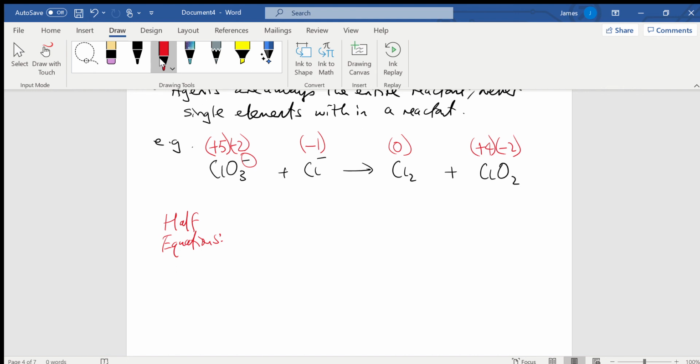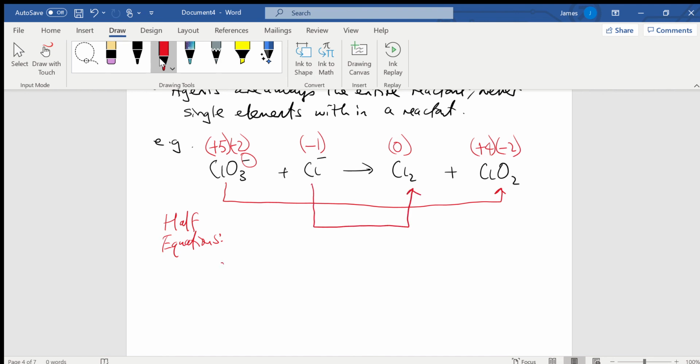So let's see what's changing. You can really gauge which are the appropriate half equations by looking at what changes. So clearly oxygen is not changing here. Oxygen is in the -2 oxidation state on the reactant side. It's in the -2 oxidation state on the product side. But we can clearly see that this chemical is connected with this chemical, and this chemical is connected with this chemical.